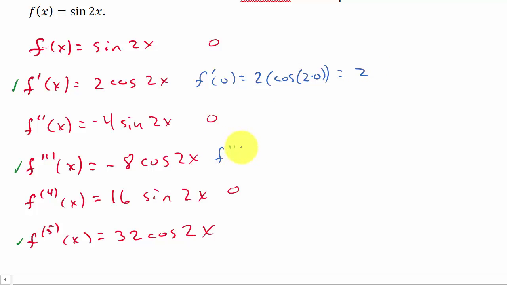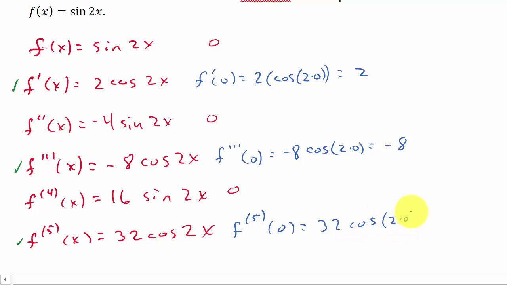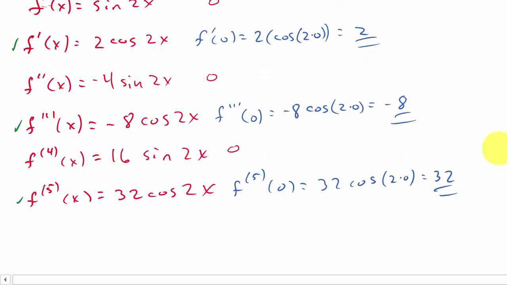F triple prime of 0 is negative 8 times cosine of 2 times 0, which is going to give me negative 8. And then the fifth derivative evaluated at 0 is 32 times cosine of 2 times 0, which is going to give me 32. So I have my values there.